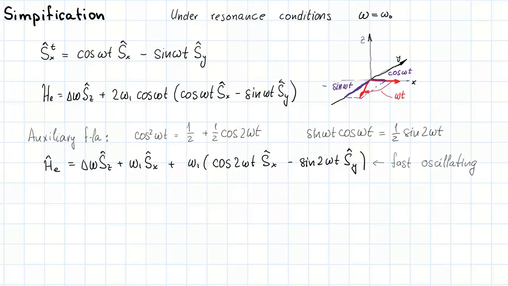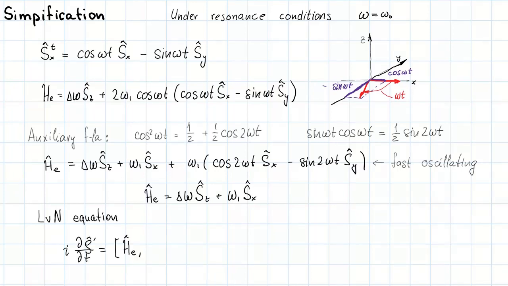Hence, I am left with the Hamiltonian consisting of two constant terms, delta omega Sz and omega 1 Sx. This Hamiltonian can be inserted into the Liouville von Neumann equation. Its solution can be given by the sandwich operator of the initial density matrix, rho prime of 0.